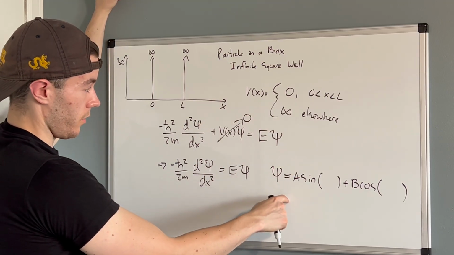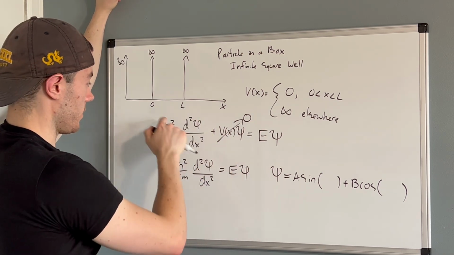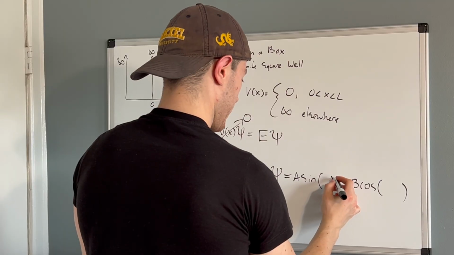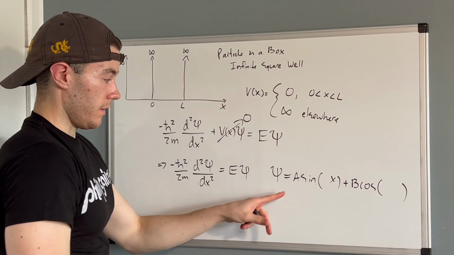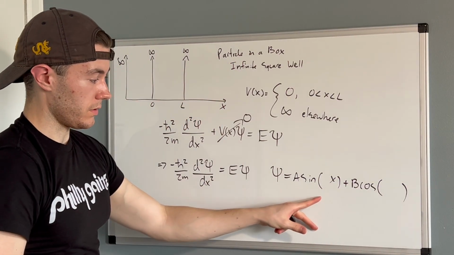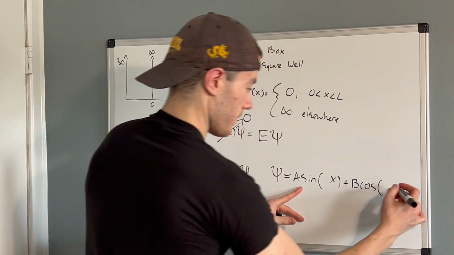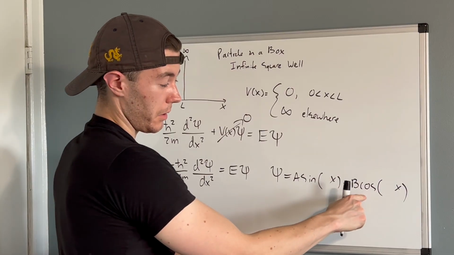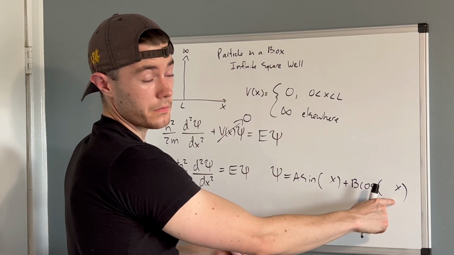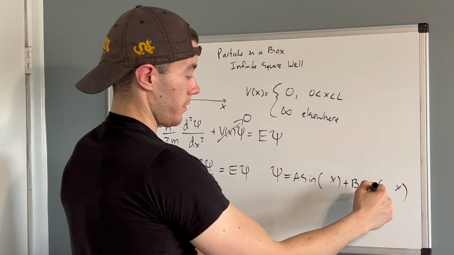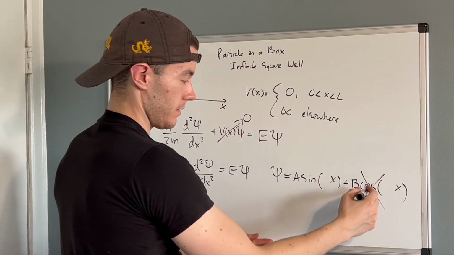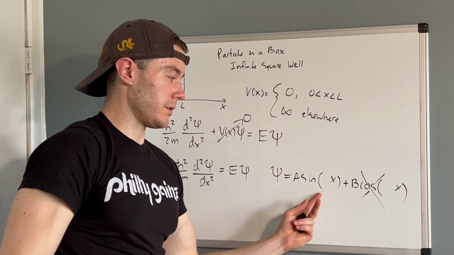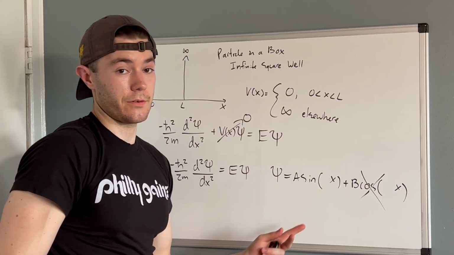Psi must be 0 at L, and it also must be 0 at 0. So if we have an x, and we plug in 0, sine of 0 is 0, so that's a good start. But cosine of 0 is 1. That's not going to work. So we've got to throw out this term.